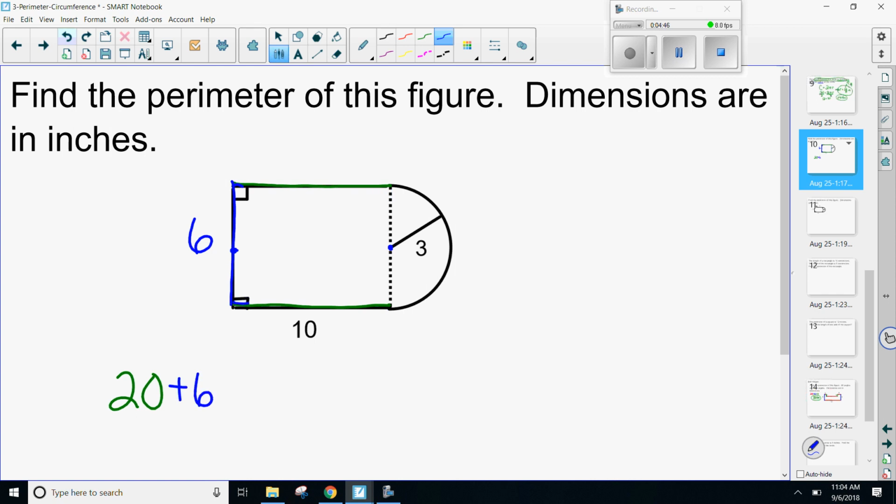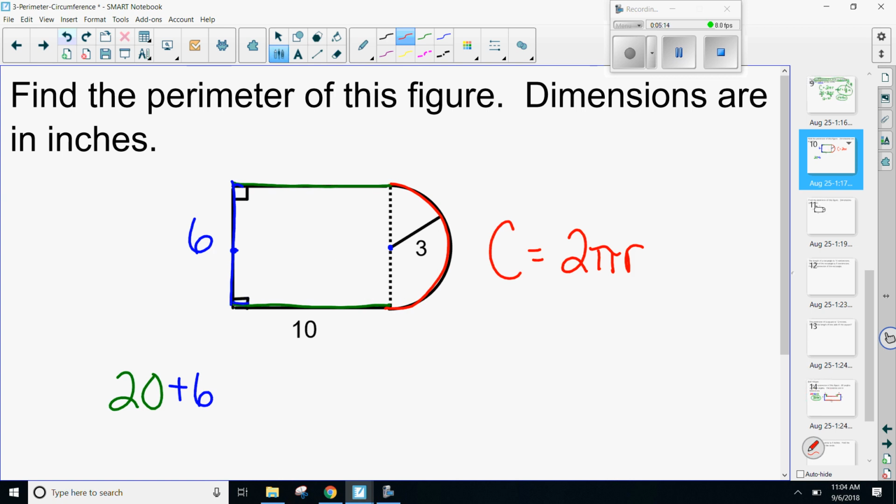And the piece that we have left is this curved piece right here. What do we call the distance around a circle? Circumference. And what is that formula for circumference? 2 pi r. But how much of it do you have? How much of this circle do I have? Half. I did not say I have this piece over there to give me a whole circle, did I? You only have half of that circumference of the circle.